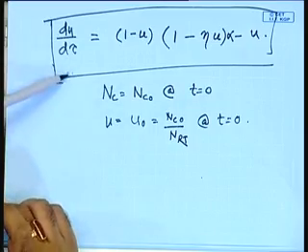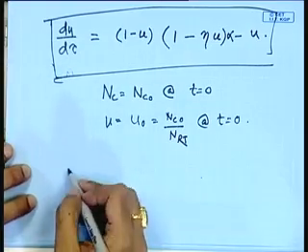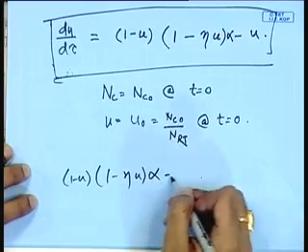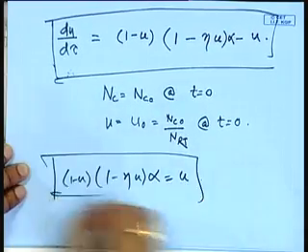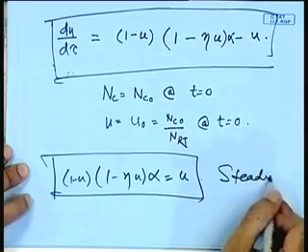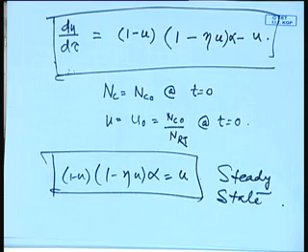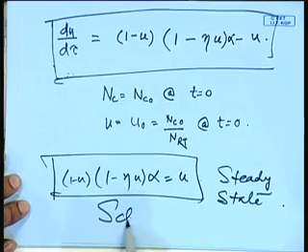The steady state is simply 1 minus eta u times alpha equals u. Why are we looking at the steady state? So that we can do the sketched plot.